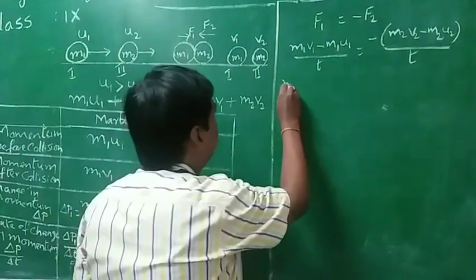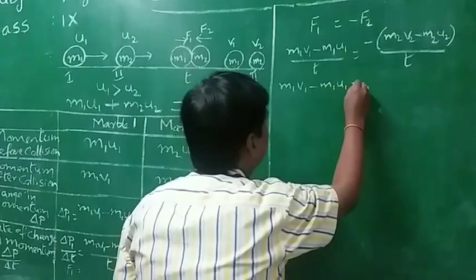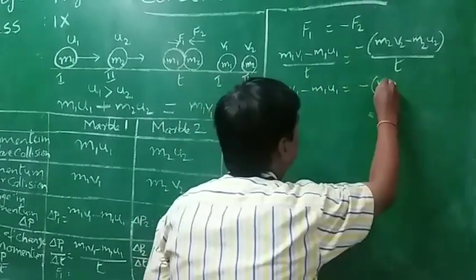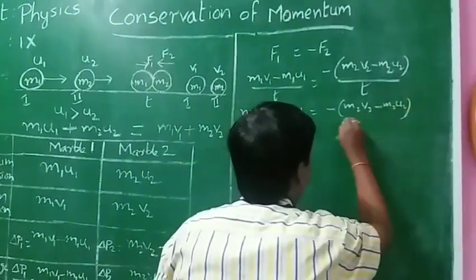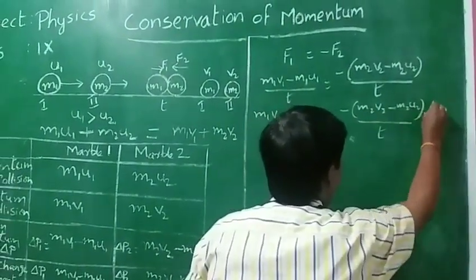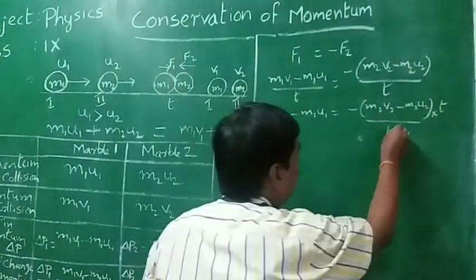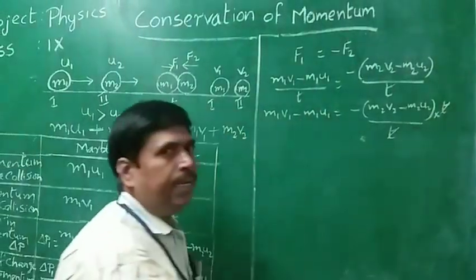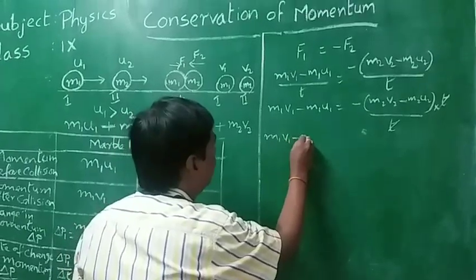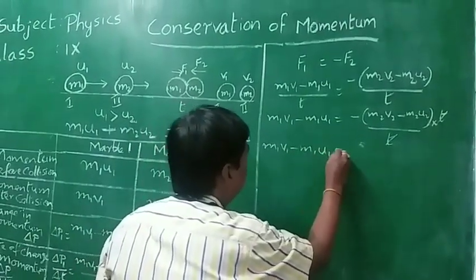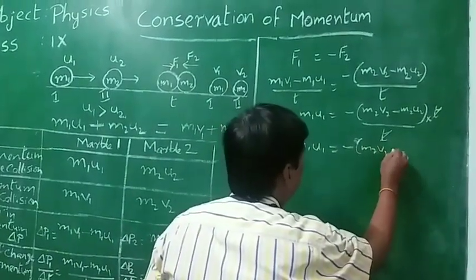You will get m1 v1 minus m1 u1 is equal to minus of m2 v2 minus m2 u2.